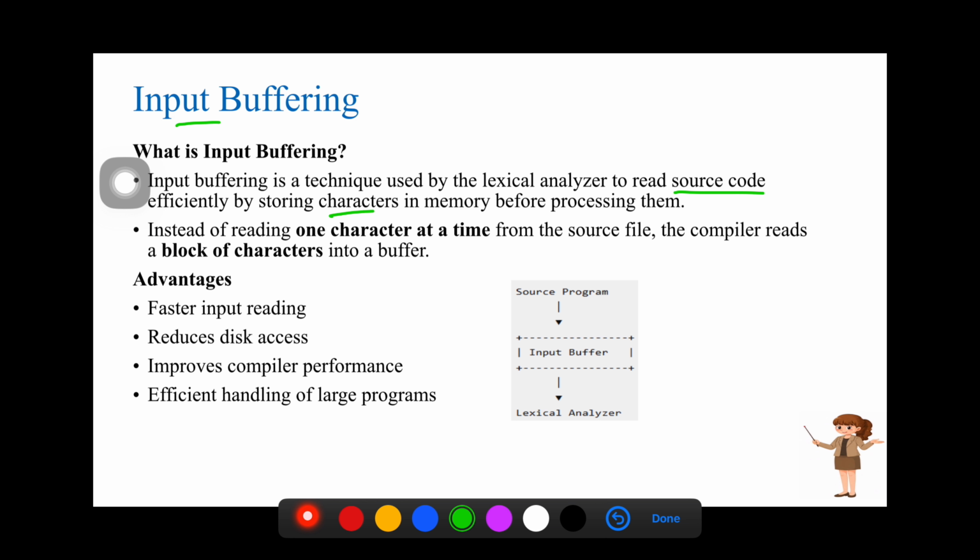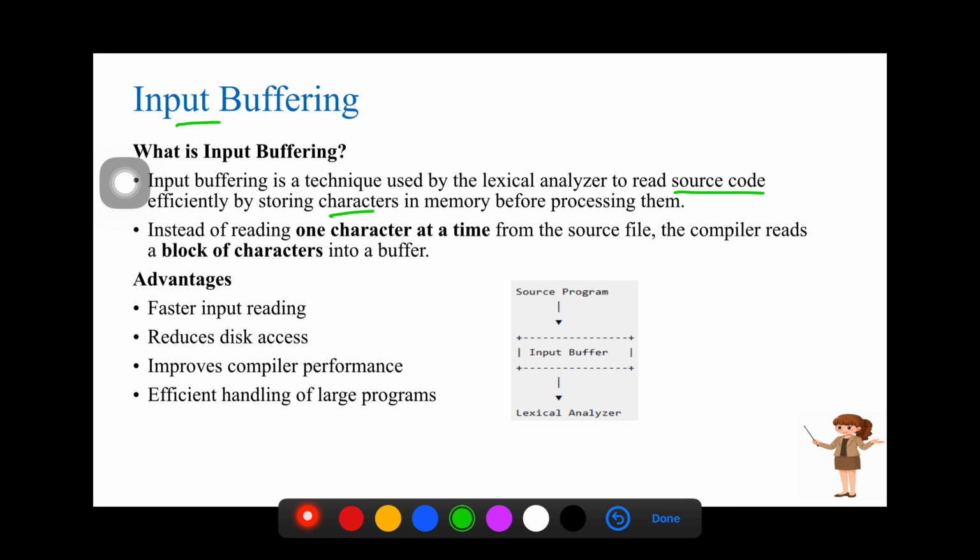If the compiler reads every character directly from the source file, the process becomes very slow because each read operation requires accessing the disk. Disk access is much slower than memory access.